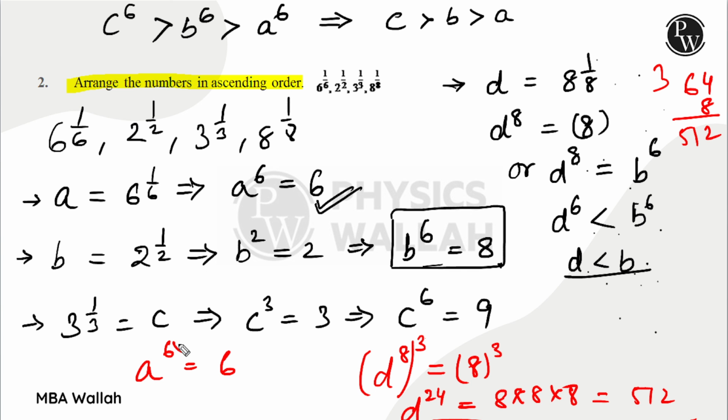Now we'll just have to cube this also, so 6 raised to the power 4. 36 into 36. Let's do that. 36 into 36. 6 into 36, that is 1296. So a to the power 24, this one is way more, 1296.